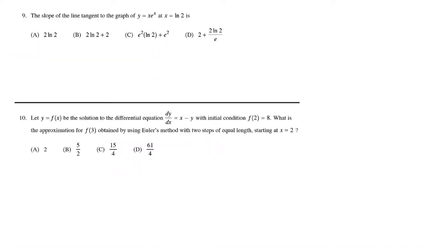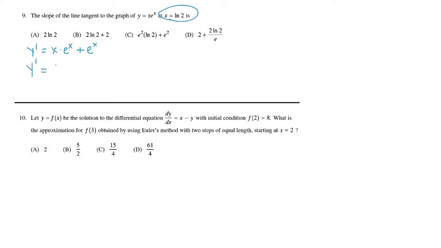All right, for this problem, we need to find the derivative and then plug in our x value. So for y prime, here we do need to do the product rule. So we have first times the derivative of the second plus the second times the derivative of the first. Now we need to plug in our x value.